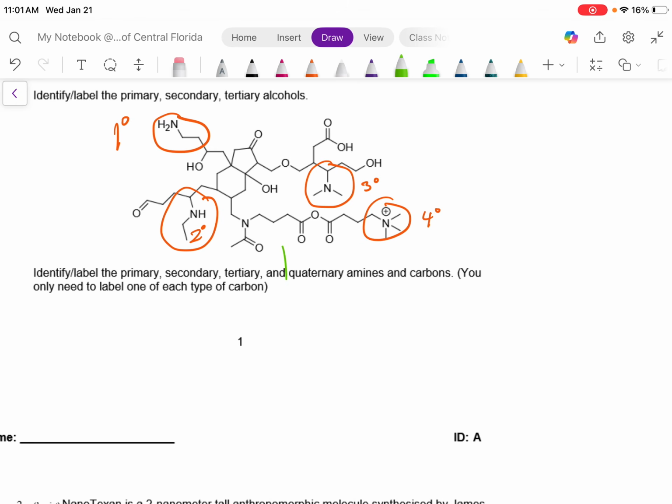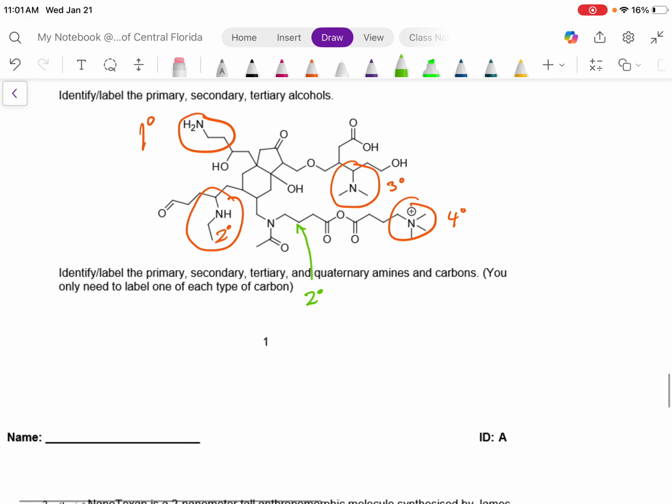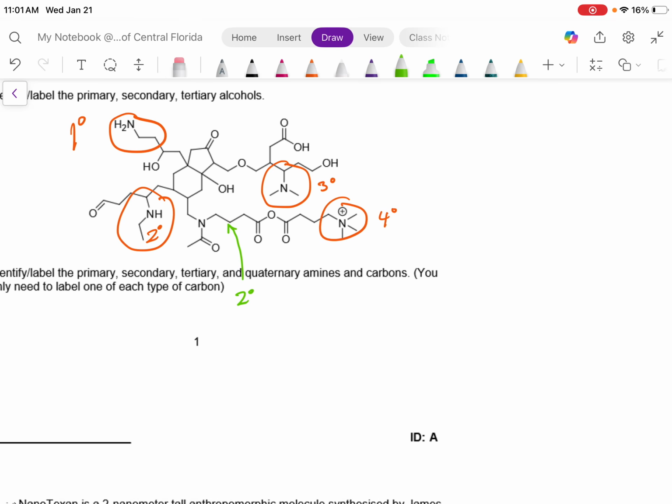If I pointed to that carbon right there, you would call that a secondary carbon. If we looked at, let's say, that carbon right there, that would be a primary carbon. Well, no, let's not worry about the carbons attached to heteroatoms. Don't want to.